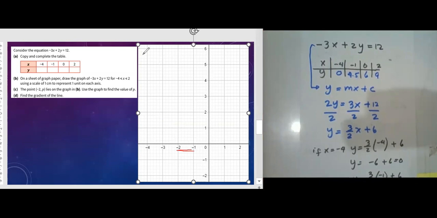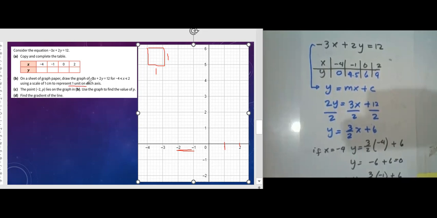So basically, what am I trying to say? Each block like that is 1 cm by 1 cm. So this is 1 square cm, the area of this. So it says there 1 cm to represent each unit. Meaning every one of these is 1 unit, because it says 1 cm to represent each one unit.